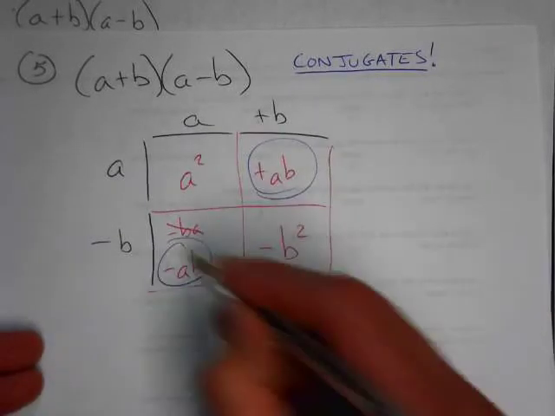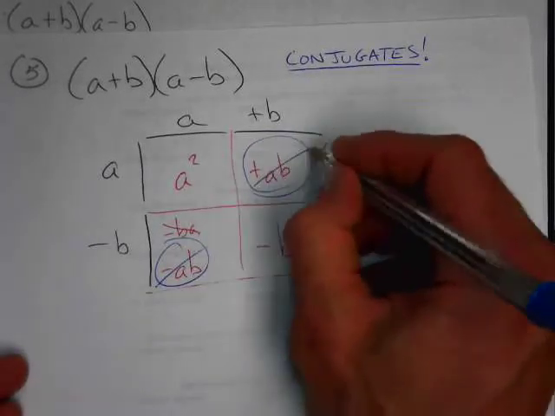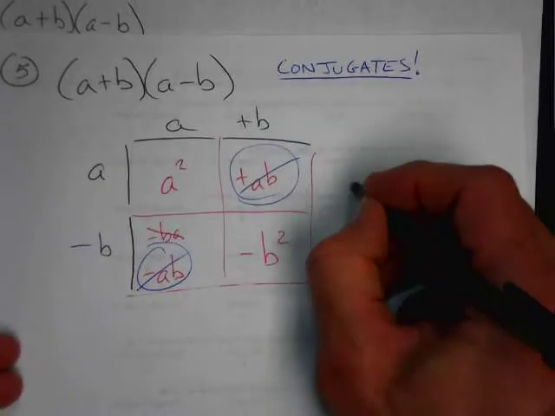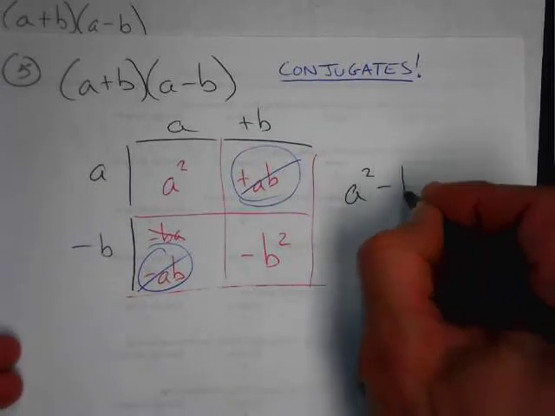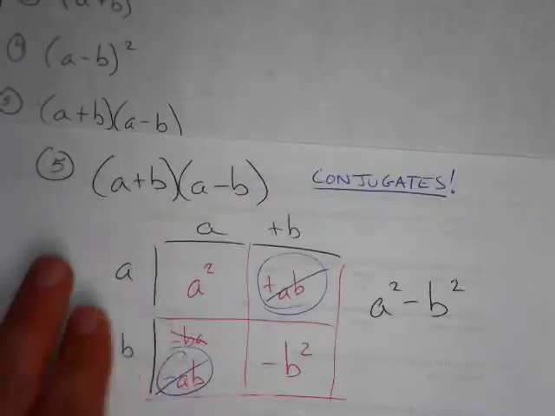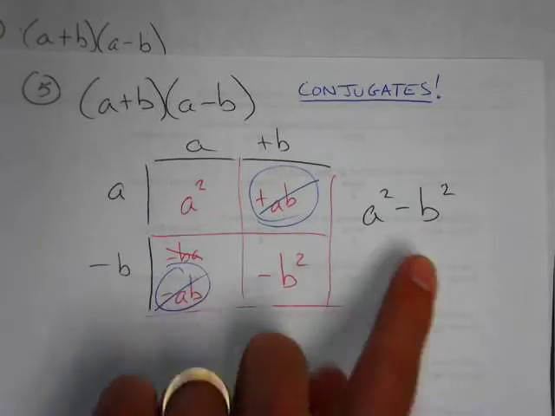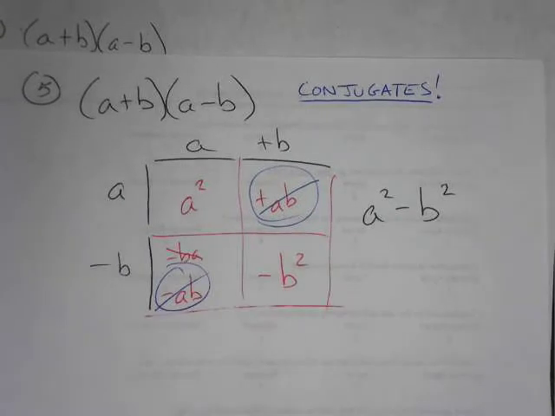So we have this in our area model, and we look for our like terms. Plus ab minus ab, guess what that is? 0. Totally gone. Completely cancels out. So what are we left with? We're left with a squared minus b squared. So what just happened? We multiplied conjugates, and we ended up with this. And this also has a vocabulary term.